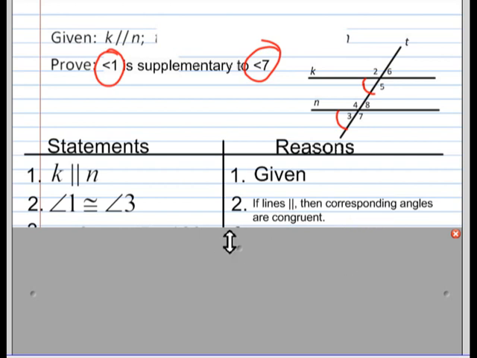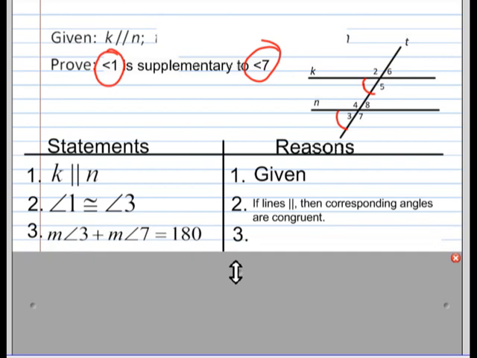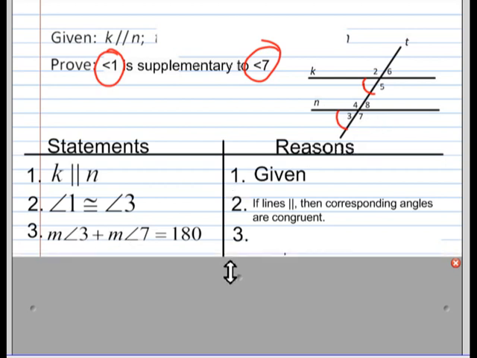Okay. So the next thing I'm going to do is say something about 3 and 7. So I brought angle 1 into the proof. Now I want to bring angle 7 in. And I notice that 7 and 3 are a linear pair. So I can use angle addition or the definition of a linear pair to state that the measure of angle 3 plus the measure of angle 7 is 180 degrees.